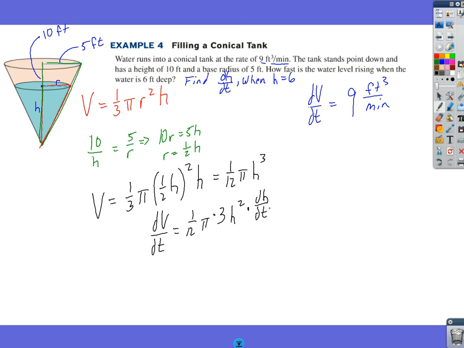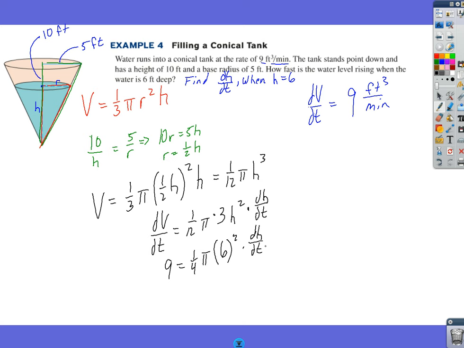All right. And again, I check, do I have all the variables? Now that I've taken the derivative, I can go ahead and find out what my volume would be by plugging in stuff that I know. So dV/dt is 9, which is equal to 1/12 times 3, 1/4 pi h, where h is 6 squared, times dh/dt.